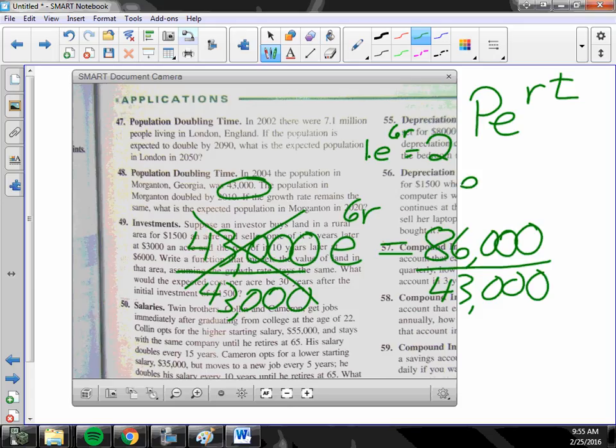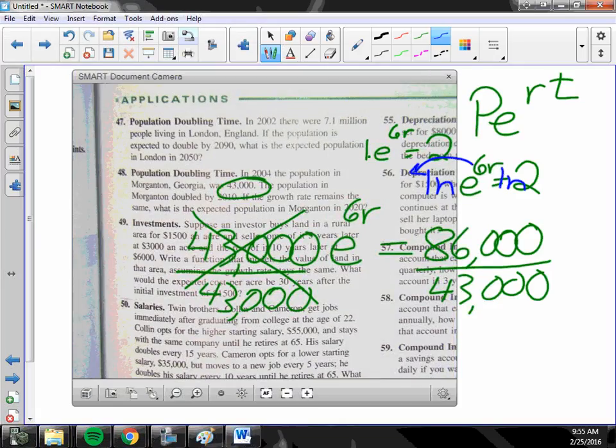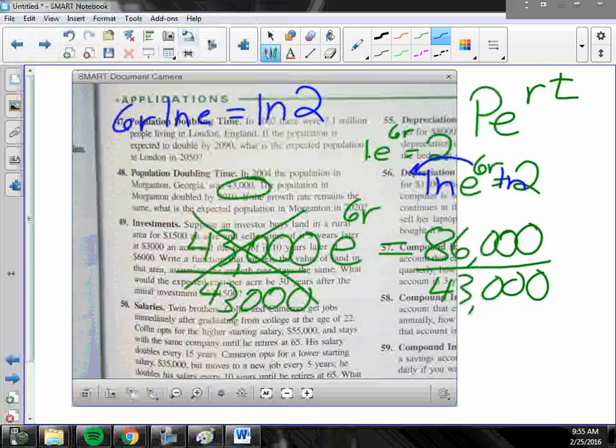So we get e to the 6r equals 2. Do you remember how to solve that using logarithms? Take the ln of both sides. So ln of both sides, and you drop the 6r. So 6r ln of e equals the ln of 2.